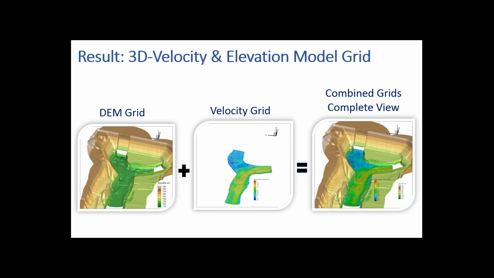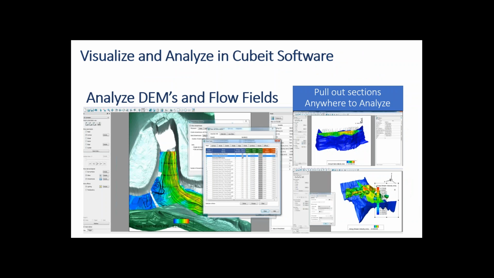The velocity is laid into the complete elevation model, so the grids are aligned, and then you have a complete digital elevation model with your velocities and depths throughout. Once you're done with that, you can visualize and analyze it within the Cubeit software. So Cubeit was created to bring these data files seamlessly in and give you the ability to analyze, but also manage your data and compare over time.